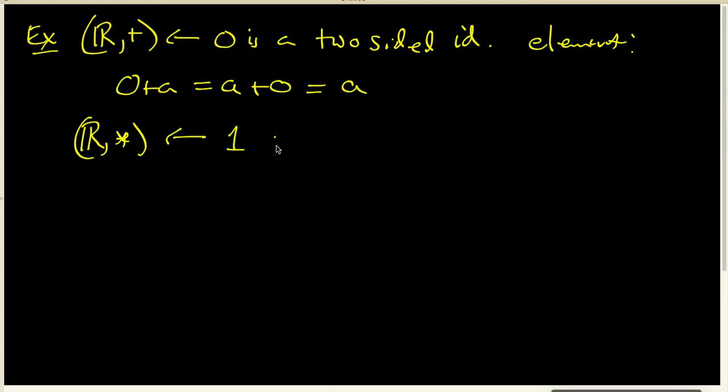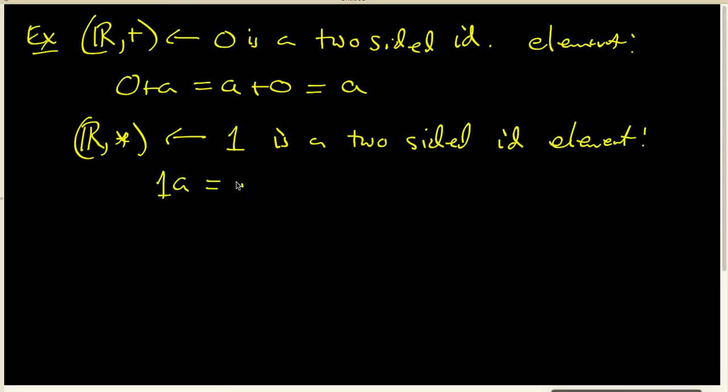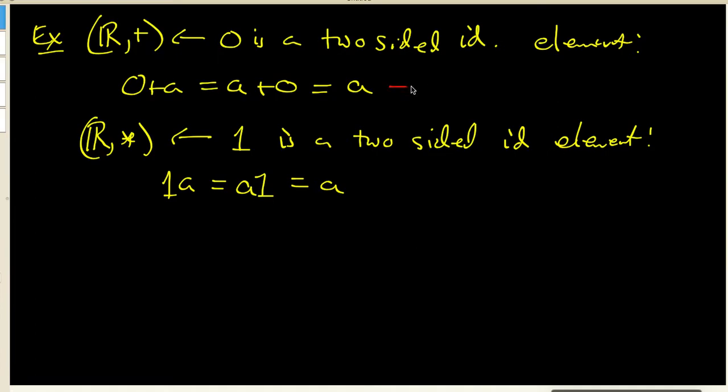So the number 1 is a two-sided identity element. And the reason why, again, is that 1 times a is equal to a times 1, and that's equal to a. And both of these statements are true for all real numbers. And that quantifier is important.